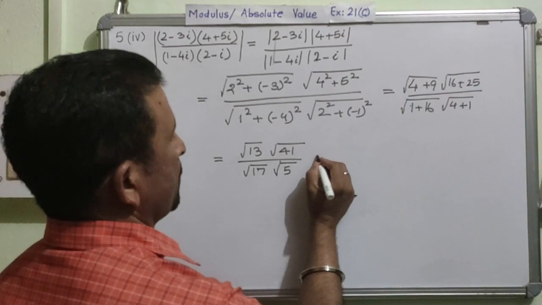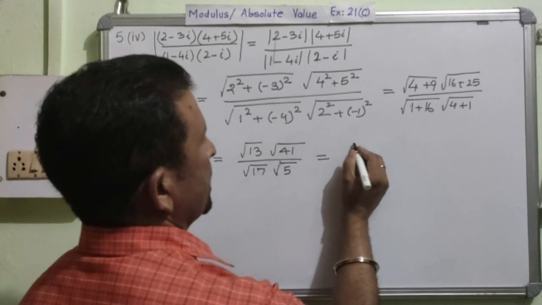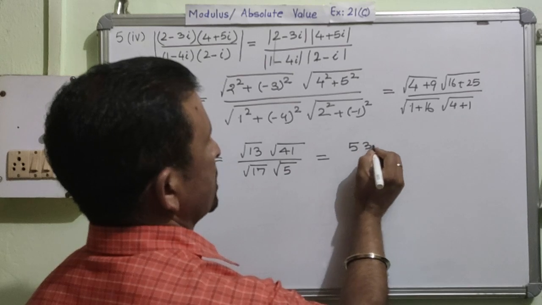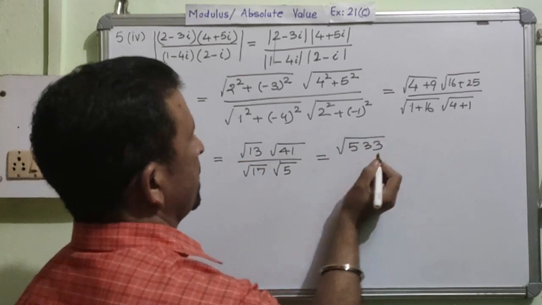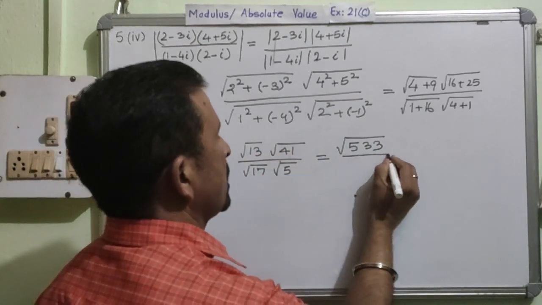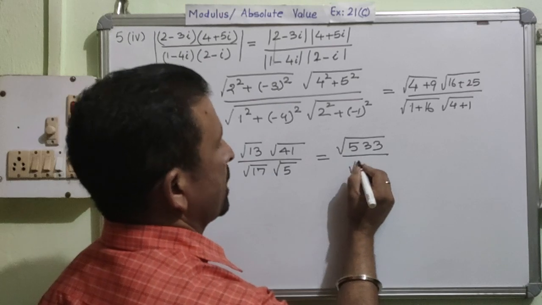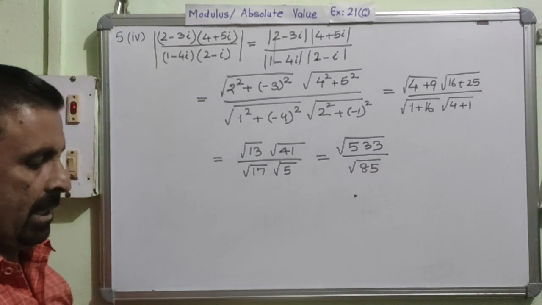Now when we calculate this, we multiply 41 by 13, which comes to 533. Because both have the same radical sign, we can have a common radical sign and the radicands can be multiplied. Similarly, in the denominator, 17 times 5 is 85, so root over 85.